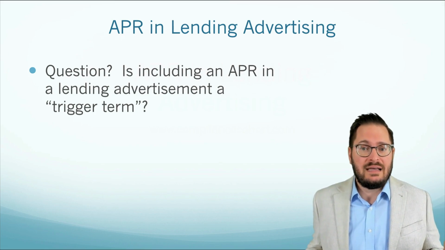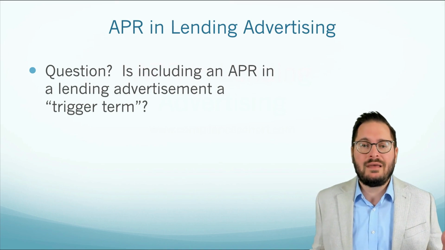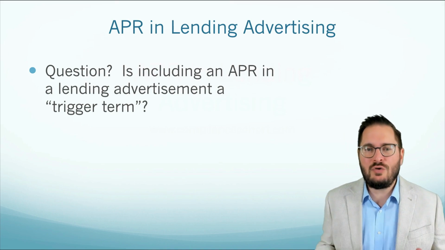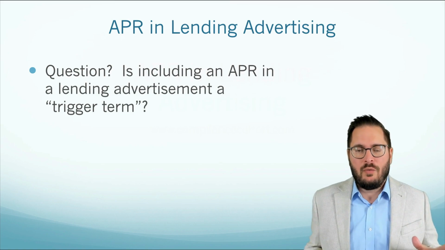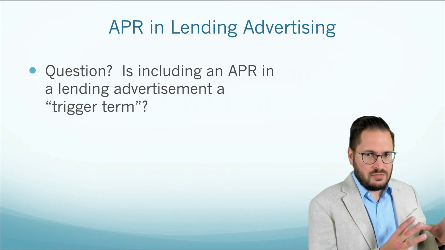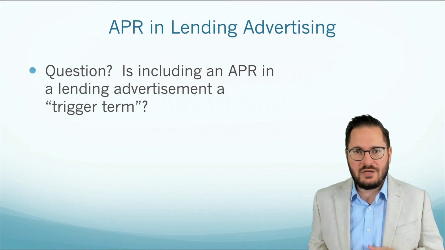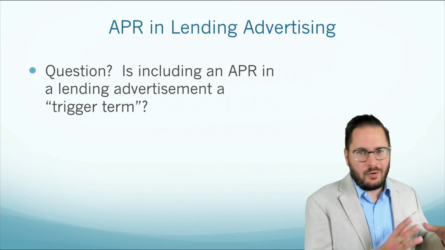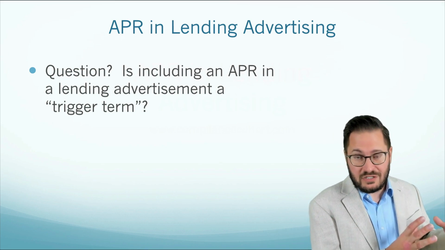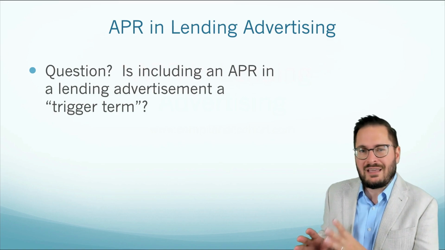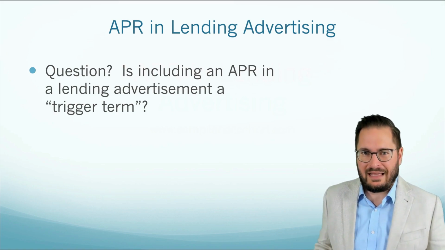So the question is, is an APR a trigger term? Well, in Regulation Z, we actually have two different advertising rules. We have one set of rules for closed-end loans and one set of rules for open-end loans. Closed-end loans are our term loans like automobile loans and 30-year fixed mortgages, where open-end loans are things like credit cards and home equity lines of credit.